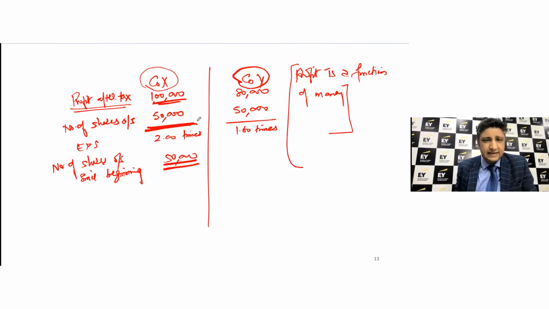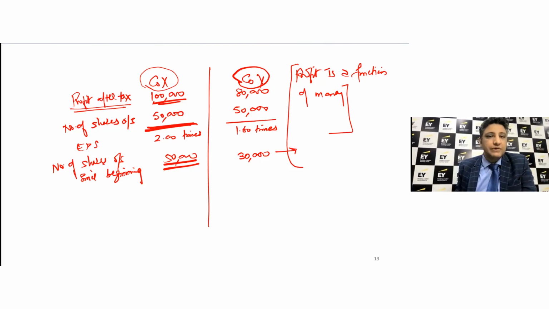But let us say for company Y, for the sake of argument, 30,000 shares were outstanding since the beginning. You had issued these shares somewhere in the past, or maybe on day one. Let's not worry about that part here. The money available to you as company Y for the whole year is for these 30,000 shares.